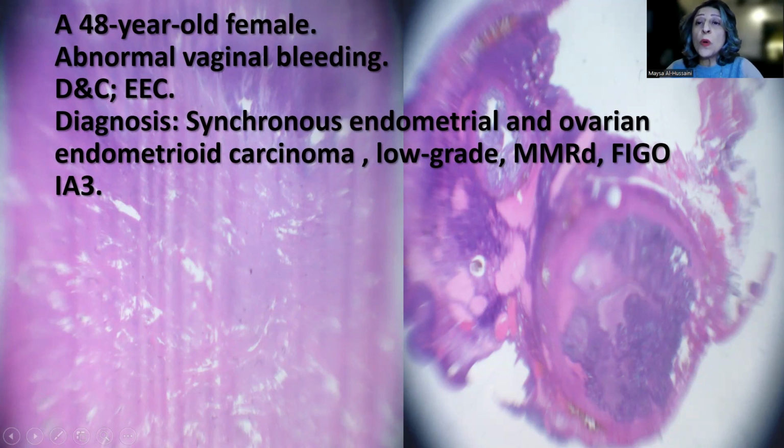Now, in the more recent 2023 FIGO staging system, we have this category of 1A3 stage for the synchronous tumors. Now, why is it important to diagnose synchronous endometrial and ovarian endometrioid carcinoma? Because if we follow these strict criteria, the patient will have only conservative management, and no further treatment is required.